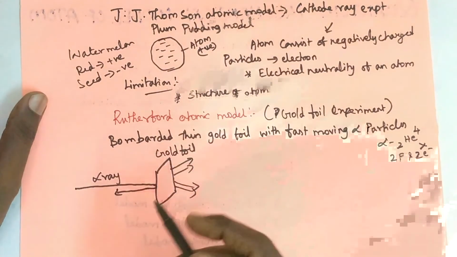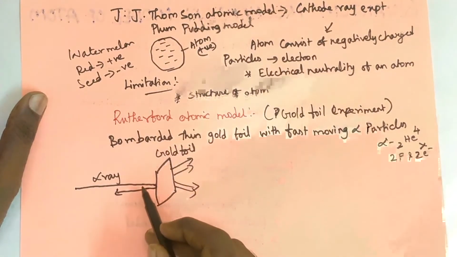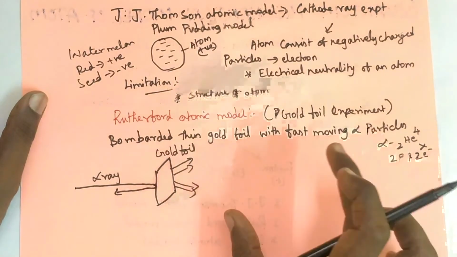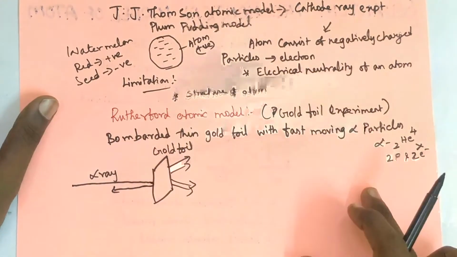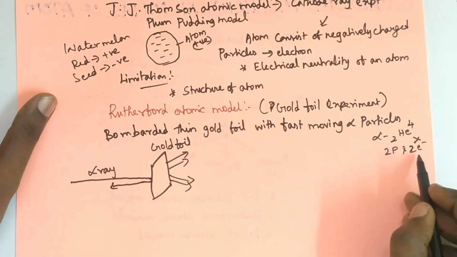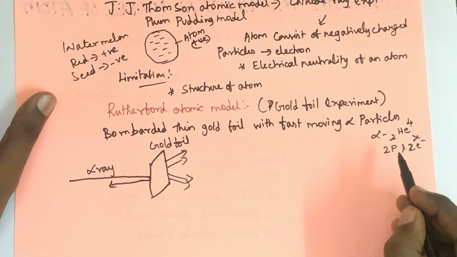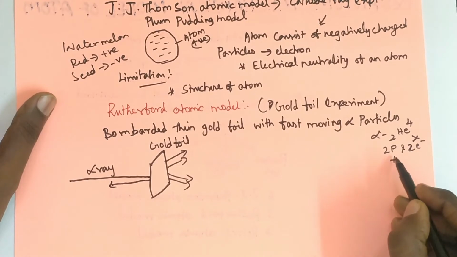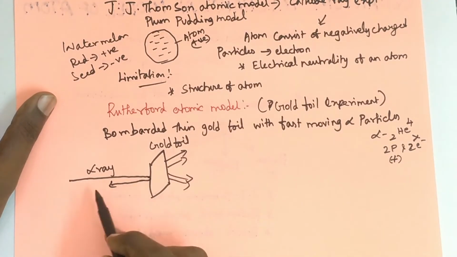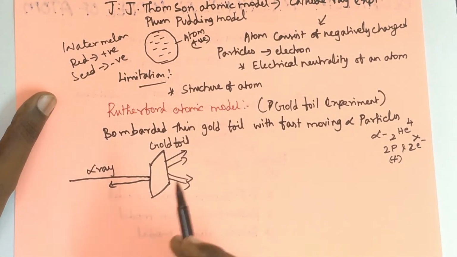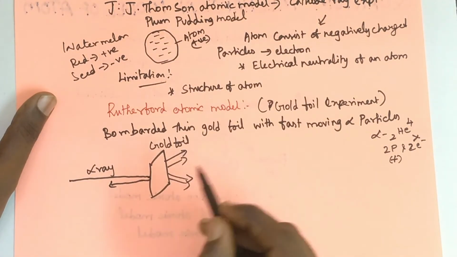Third, a few alpha particles bounce back. In helium the 2 electrons are removed, so only 2 protons are passing, and protons carry positive charge. The bounce back will occur only if there is a like charge, that means the same charge.